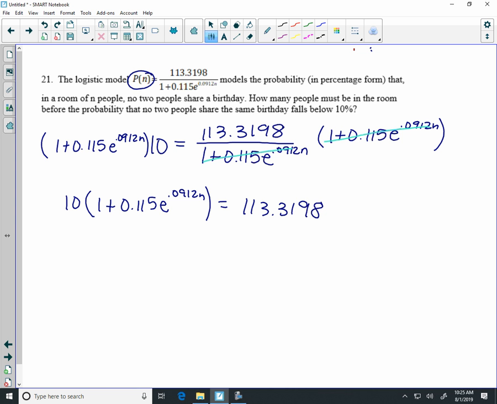I'm going to divide first, divide by 10. Then I'm going to subtract over that 1. When I divide 113.3198 by 10, I just move that decimal one place.